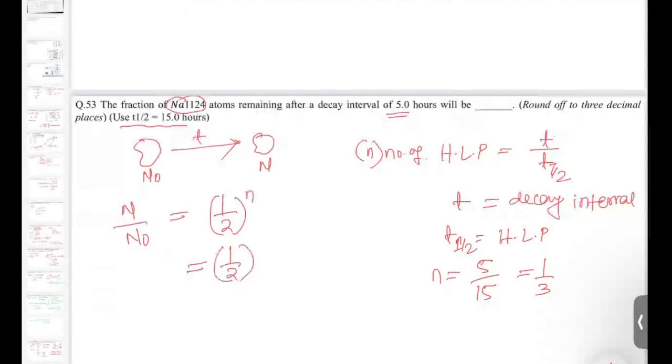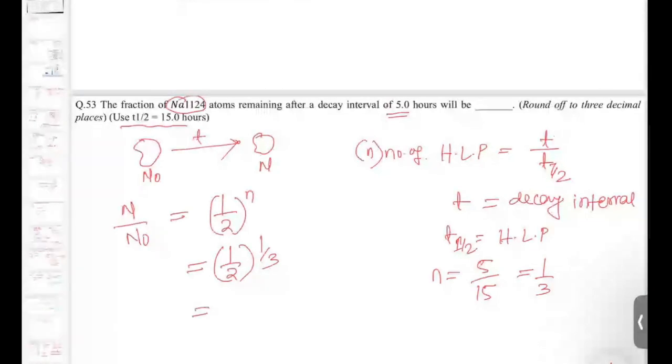It's getting a little difficult to calculate, but you have a scientific calculator, so try to calculate 0.5 to the power 1 by 3. Are you getting it? Yes, sir. It should be equal to 0.7.